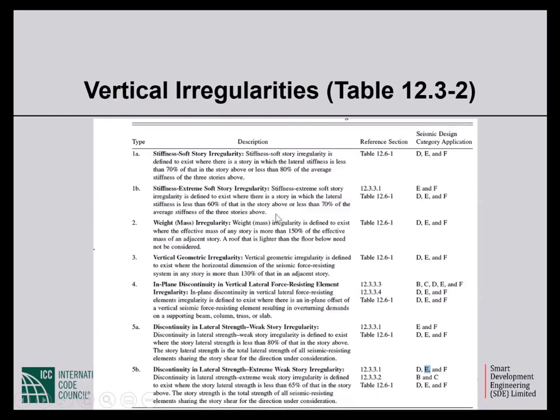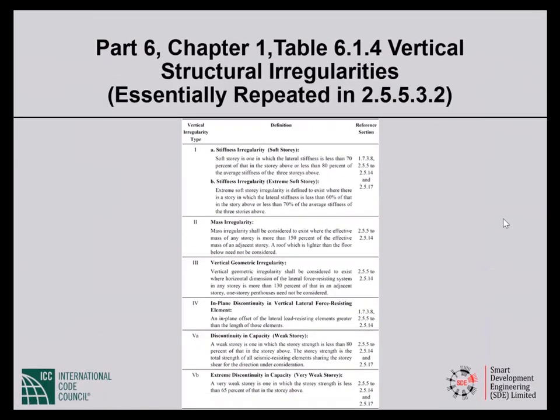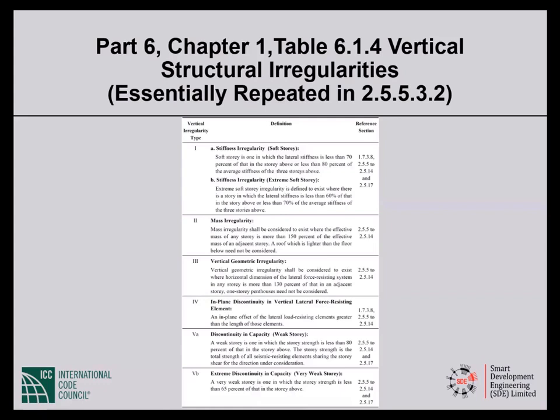The definitions are here. These are the sections of ASCE 7 that are invoked, and those are the applicability of those requirements, design categories D, E, and F. So this is a pretty comprehensive table. The comparable table in BNBC is in chapter 1, part 6.